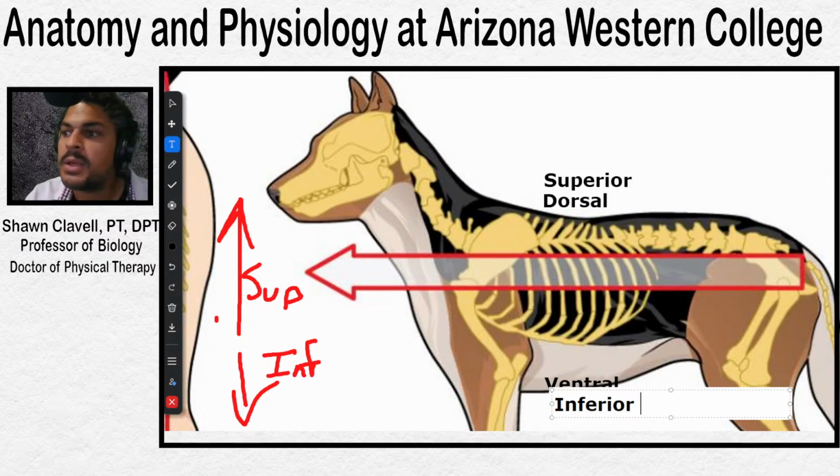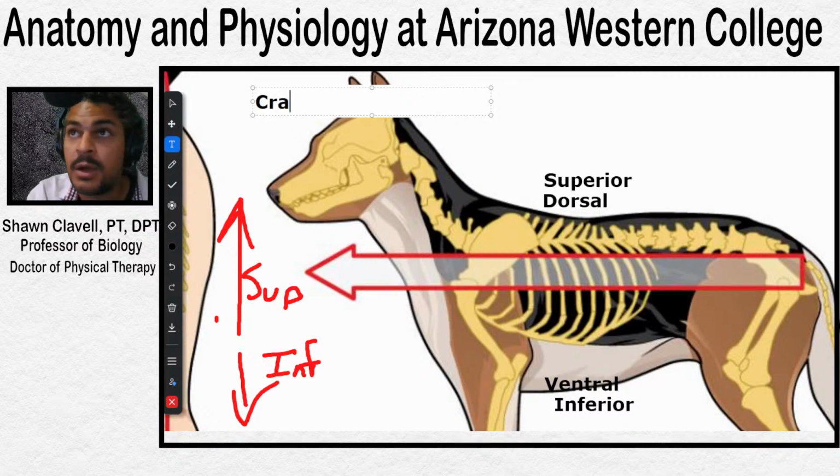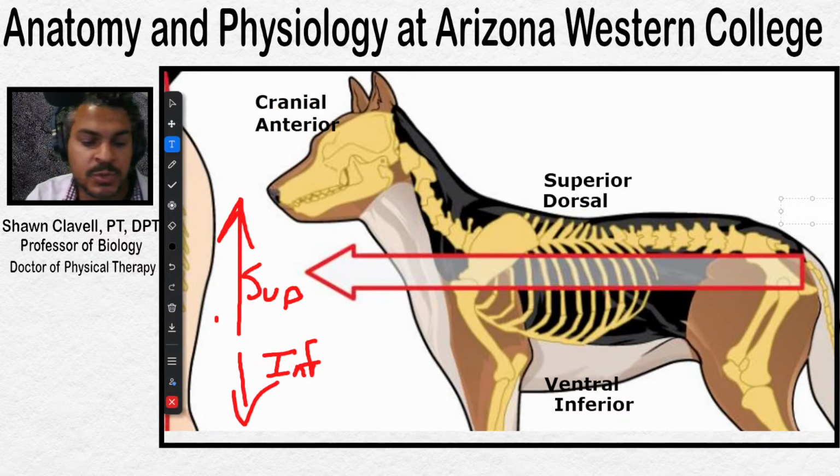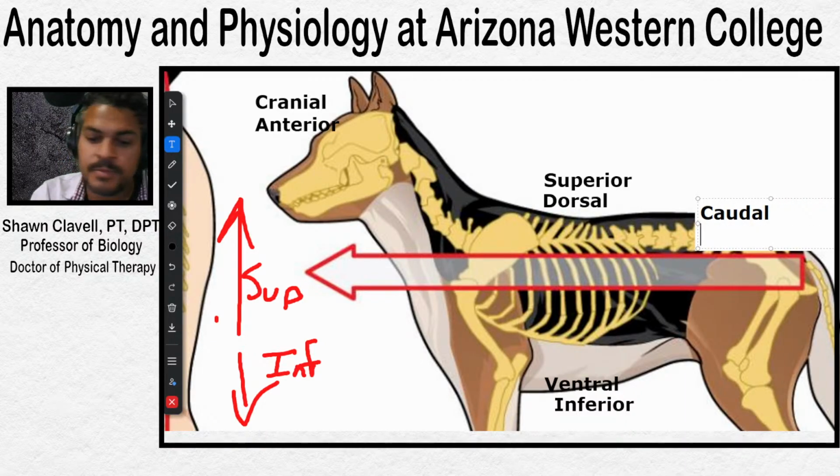As well, their cranial region on the dog is anterior. And their caudal region, which is a reference towards the tail, caudal is posterior.